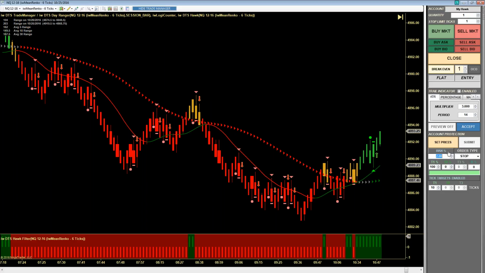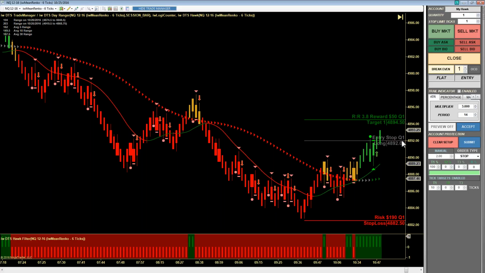There's two modes for trade manager: the risk mode and the manual mode. The manual mode will default to whatever quantity is up here. So let's say you just want to trade single contracts. Okay, just go to manual mode, and you will always just get one contract.